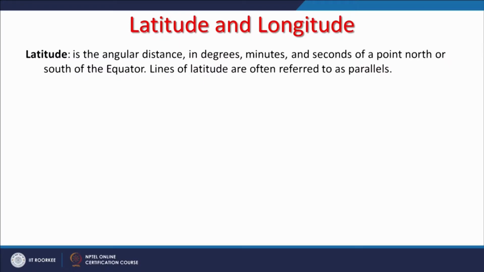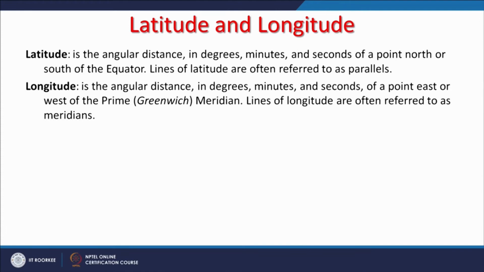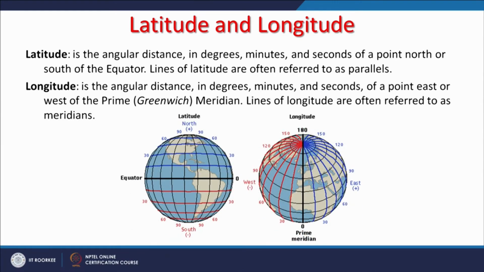So latitude, as we know, I will go through quickly, is an angular distance in degrees, minutes and seconds of a point north or south of the equator, and lines of latitude are often referred to as parallels. Longitude is also an angular distance, both measured in degrees, minutes and seconds, of a point east or west of the prime or Greenwich meridian, and lines of longitude are often referred to as meridians.